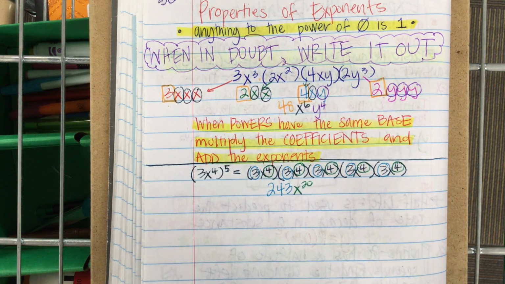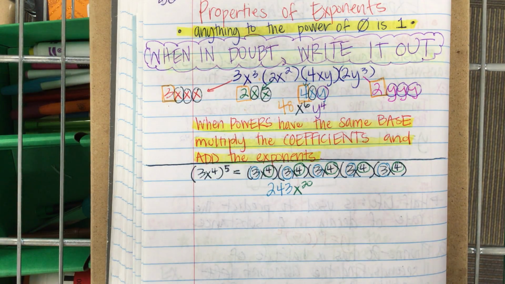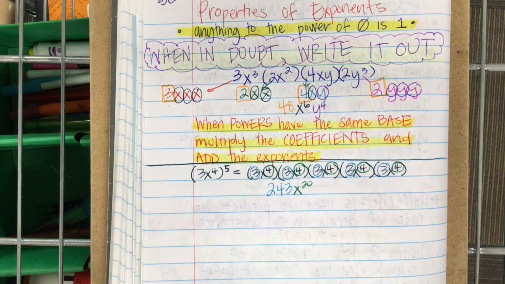Or if you get your assignment back and you're missing a lot of problems and you've been using the shortcut, guess what you should stop doing? Using the shortcut, and you should go back to expanding it until you start seeing a pattern, because there's a pattern. That's all math is. That's all algebra is, looking for patterns, right?